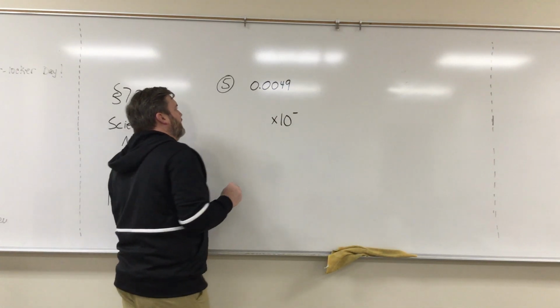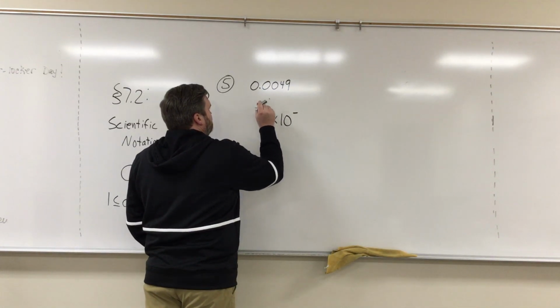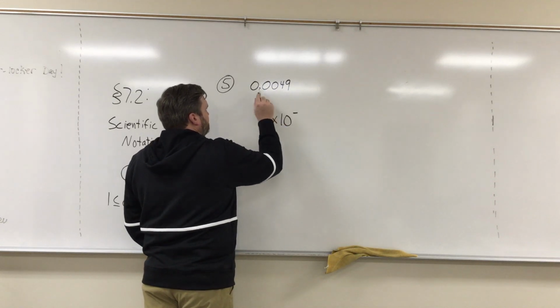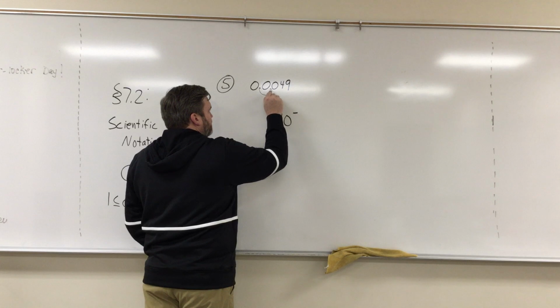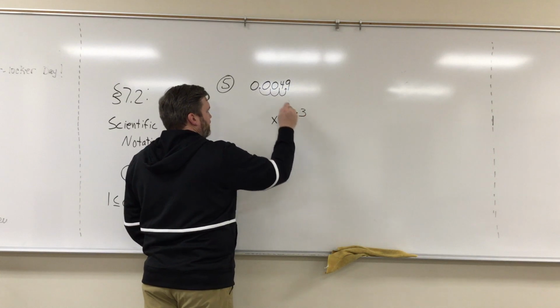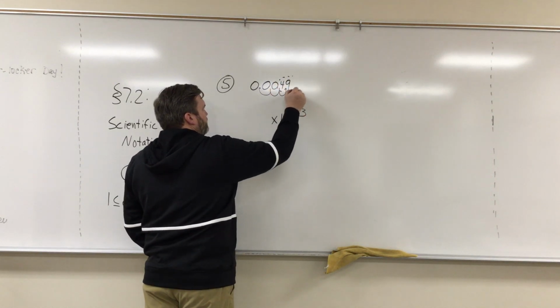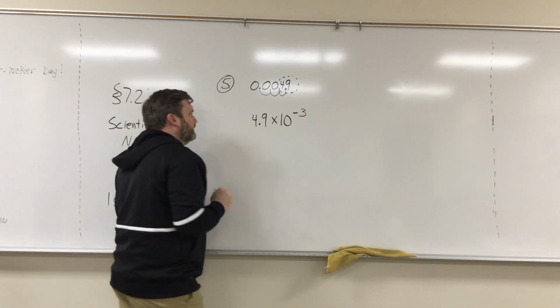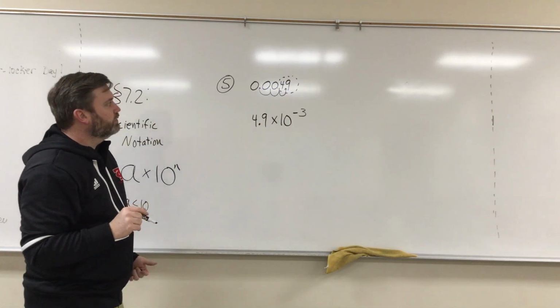And I need to pick up this decimal and move it until I'm between 1 and 10. So 1 time, 2 times, 3 times. So that means that'll be a negative 3. And my new number is going to be 4.9 times 10 to the negative 3rd.